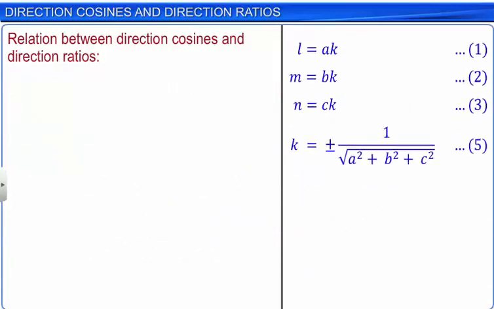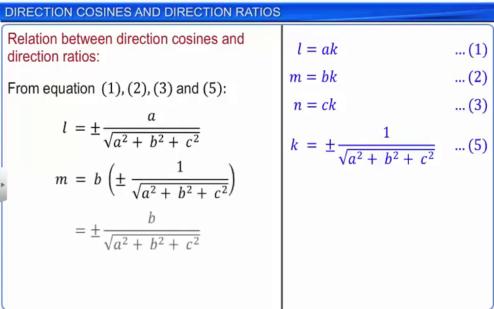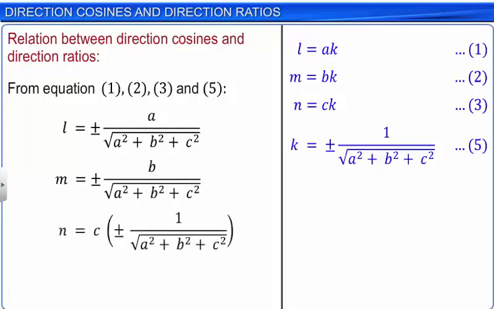Substituting the value of k from equation 5 in equations 1, 2, and 3, we get the relation between the direction cosines in terms of the direction ratios of the line. The sign for the direction cosines is taken as positive or negative depending on the desired sign for the constant k.